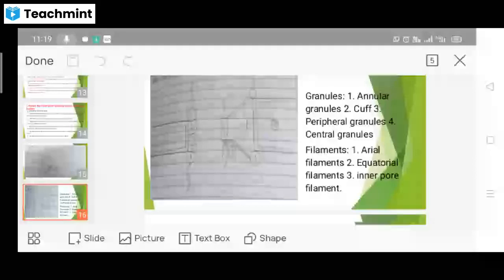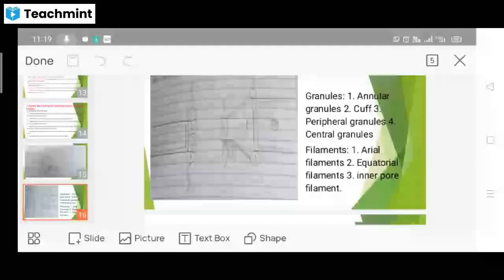Then at the center pore, on one side of these annulus, there is the peripheral granules. Similarly, on the other side of the peripheral granules, there is the cuff, and they support these granules. At the center of the pore, on either side, there is the central granule, and the space between the annular granules and peripheral granules is filled with packing material, which you can see clearly in the first figure.